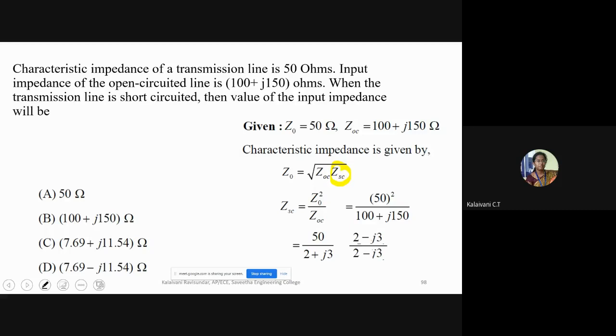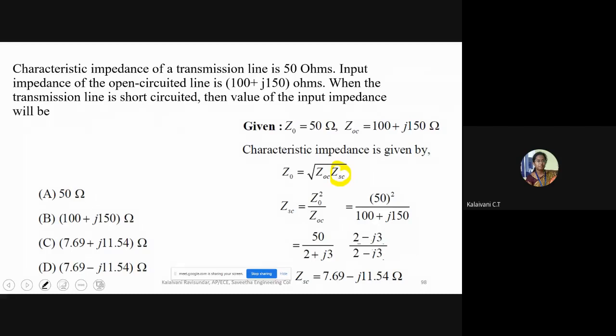So the first term will be 100 divided by 13, and the second term will be 150 divided by 13. The answer will be choice C or D. Next thing, the middle term is minus, so the option is D. Even if you didn't go for an exact division, we can find approximately 100 divided by 13 will be 7 point something, and 150 divided by 13 will be 11 point something.